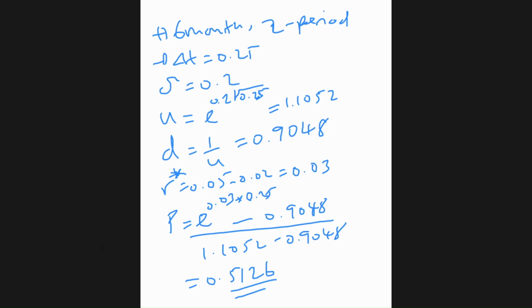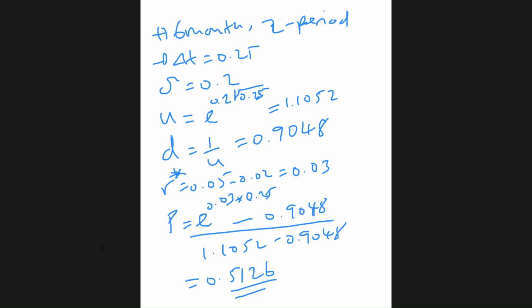Does it imply that when we are calculating the value of P, we have to use the change in time for one period and not the entire period, which is 0.5? Yeah, per period we are using 0.25 because volatility is per year.